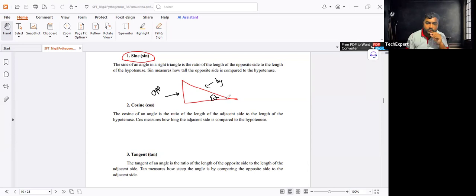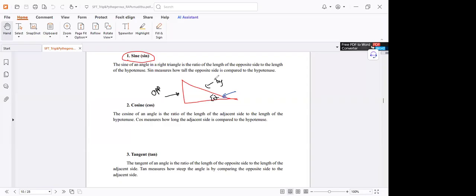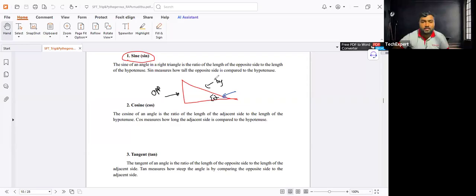Understood? That means sine means we are comparing the opposite side and hypotenuse side, and as a result, we can get an angle. Understood? Yes or no? Yes, sir. Confused? Okay, then write under the sine.